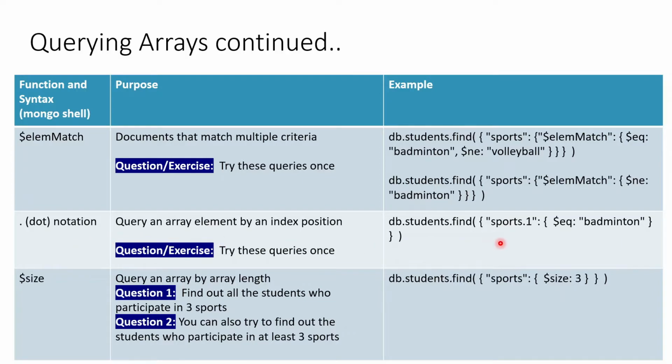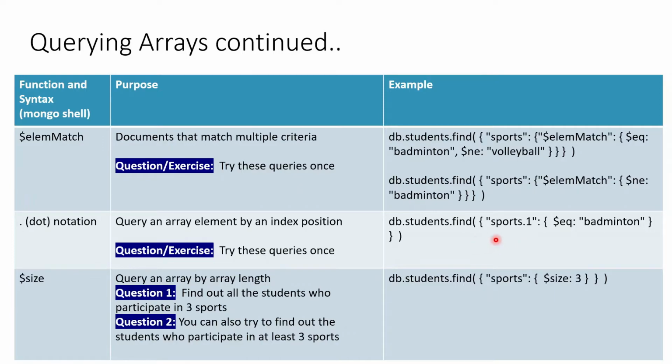Like we discussed in the previous video on how to query nested fields inside a nested document, the same thing is true here. If we want to query an array by an index position, we anticipate some value at a given index position in a collection document.